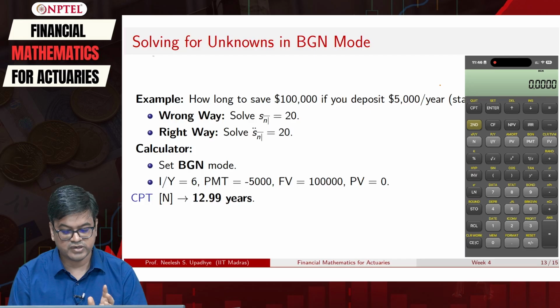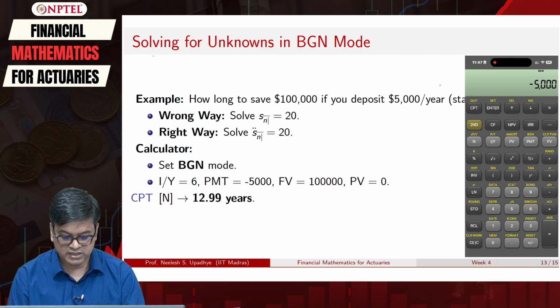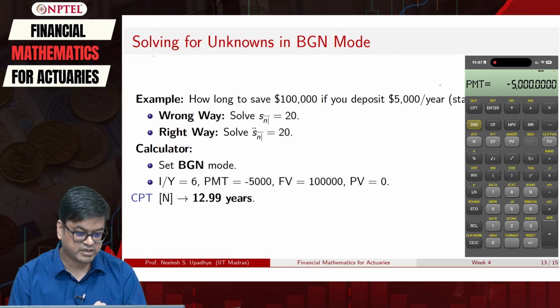Now I need to input the data. In this example, the input is 6%, which is I/Y. Then my PMT is minus 5000, so I will enter 5000, negate it with the plus minus sign and add that as PMT.